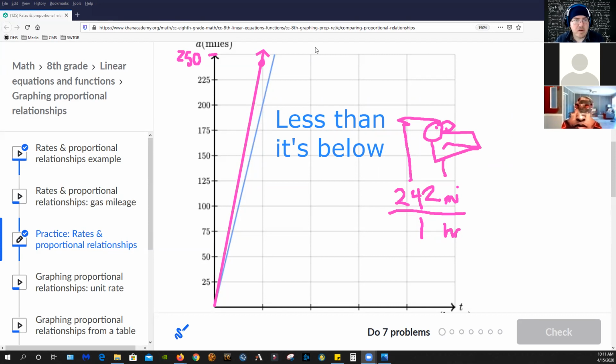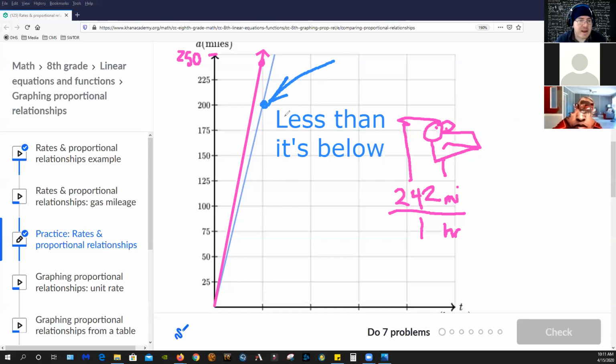Yeah, if we wanted to try and take a guess, check this out. Let's say this blue line is, I don't know, a parrot or some other bird, right? At 1 hour, how far did it go? See that right there? So if we were to write the rate, the speed of this blue line, it didn't give us a context. Let's just say it's a bird.